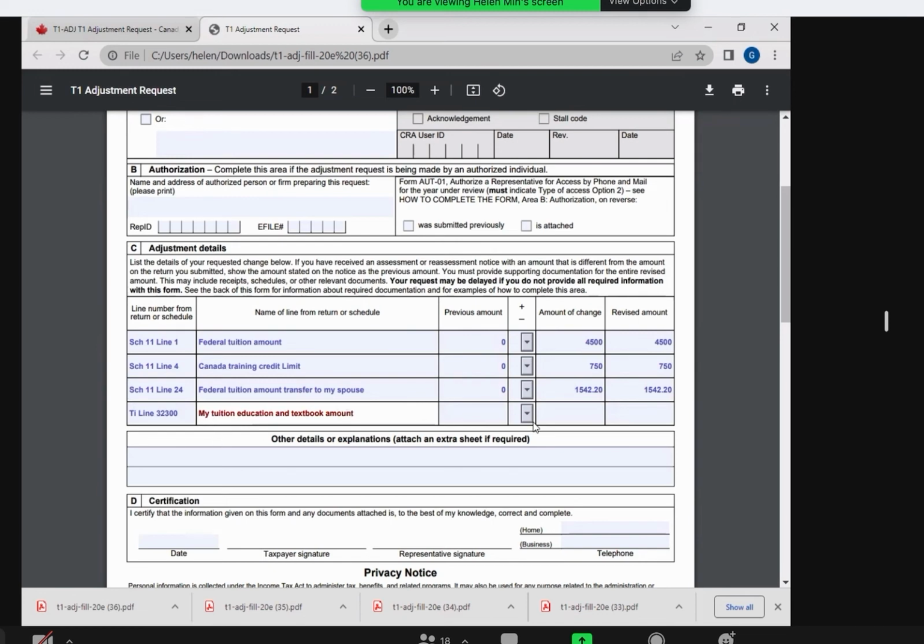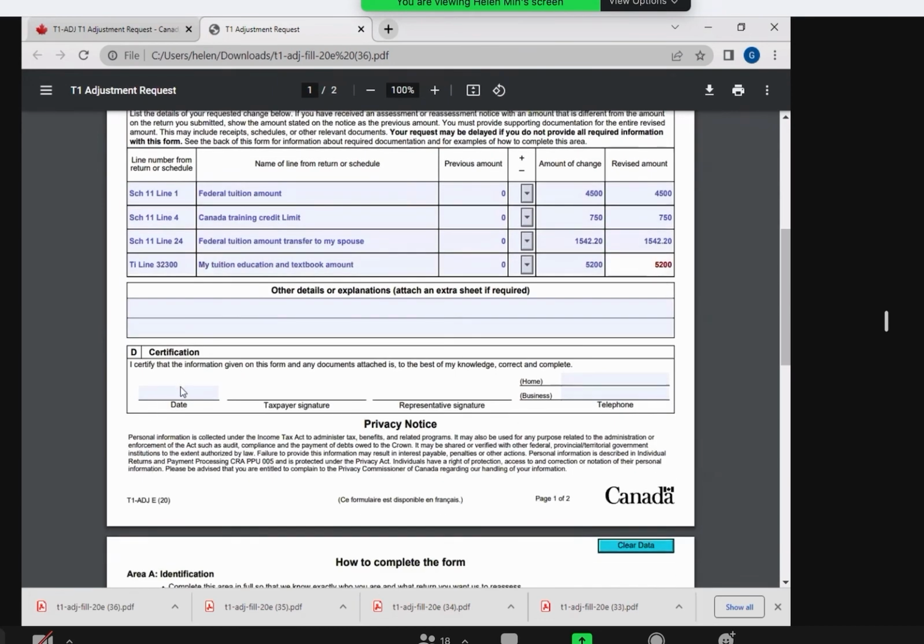So in this one you will see how much, for example 5,200. Then your previous is 0, then you need an increase of 5,200, something like that.